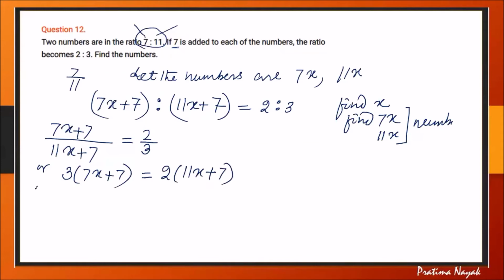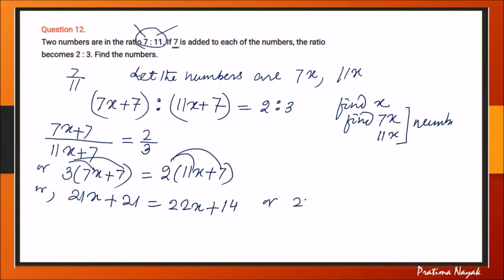What are you getting? 3 into 7x is 21x plus 3 into 7 is 21, equal to 2 into 11x is 22x plus 2 into 7 is 14. Or 21x minus 22x is equal to 14 minus 21. So you are getting minus x is equal to minus 7, or x is equal to 7.